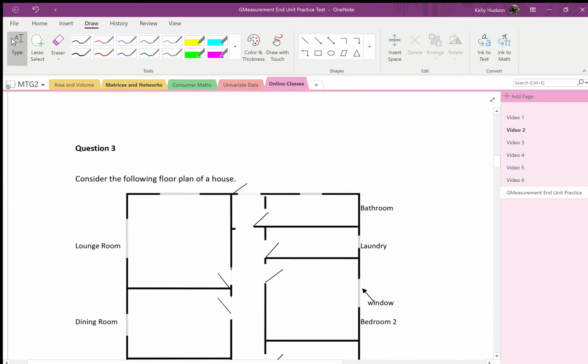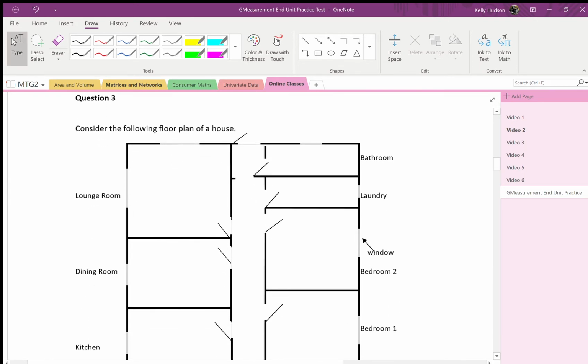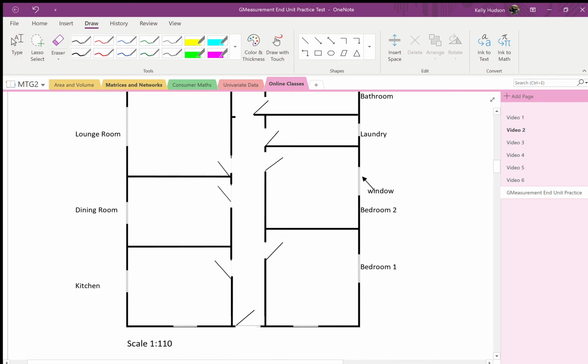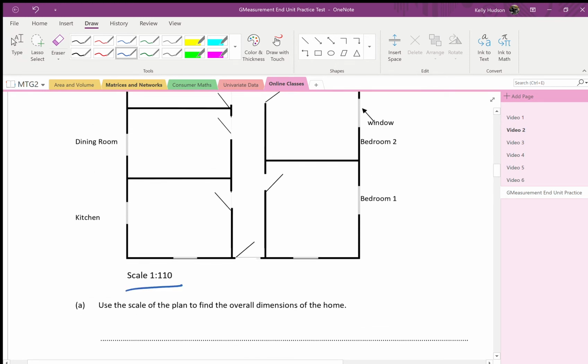Then we go on to a problem similar to what you had in the assignment, which is the house. So the scale for this house is 1 to 110. So the real house is 110 times bigger than the scale. So use the scale to do the overall dimensions of the plan. So I'm going to measure the length of this. Approximately I got the length equal to 10.1.